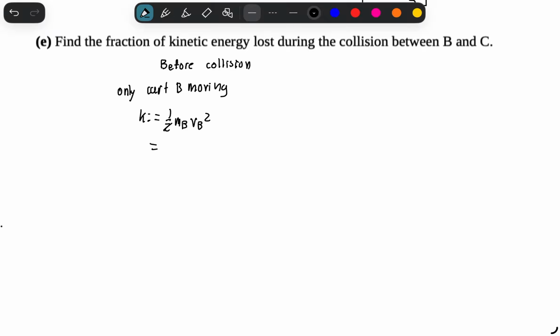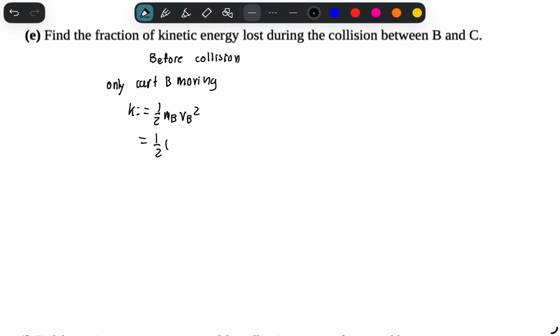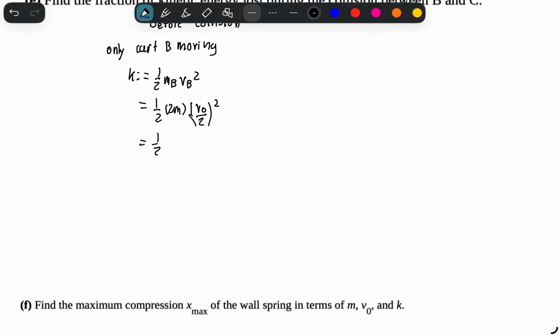So we can substitute in 1/2 2m, we have v initial over 2, and we have 1/2, or we can cancel out this 2.